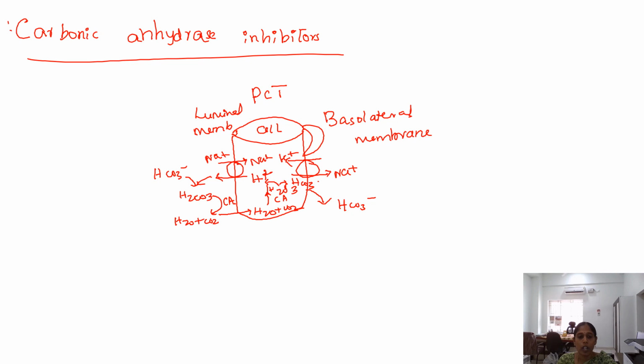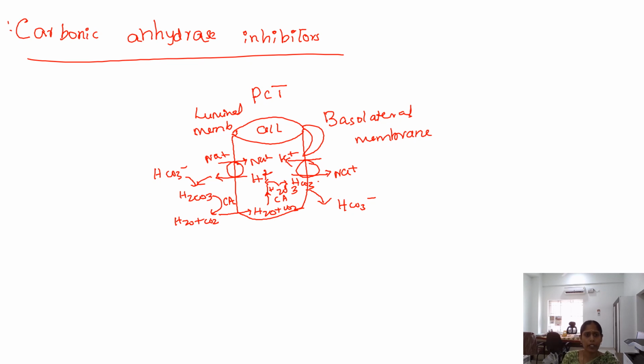So this bicarbonate ions, they combine with this H plus to form carbonic acid, which in the presence of carbonic anhydrase enzyme will get split into H2O and CO2, which will easily cross the luminal membrane, which again form carbonic acid inside the cell, which again splits into H plus. So this H plus is generated with the help of this carbonic anhydrase enzyme, and HCO3, which again crosses this basolateral membrane and gets reabsorbed.